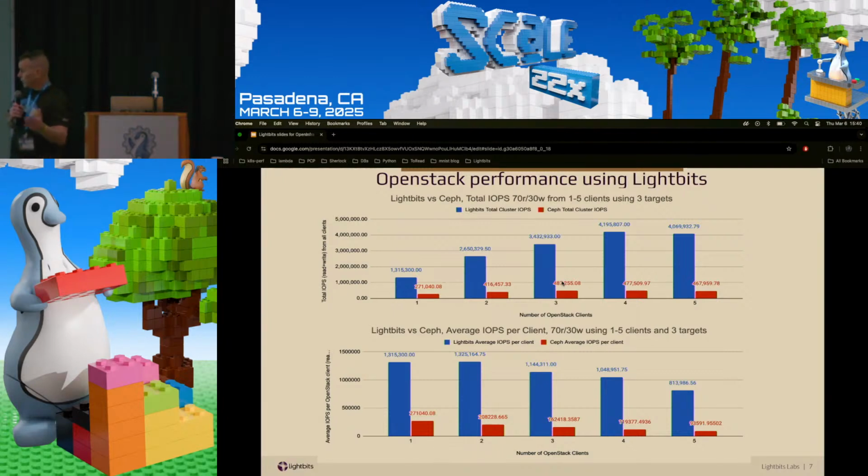You can see that with one OpenStack client, the number of IOPS starts to increase, reaching about 4.2 million from 4 OpenStack clients, and it pretty much stays there. If we need more IOPS, we'll just add more targets on the Lightbits side.